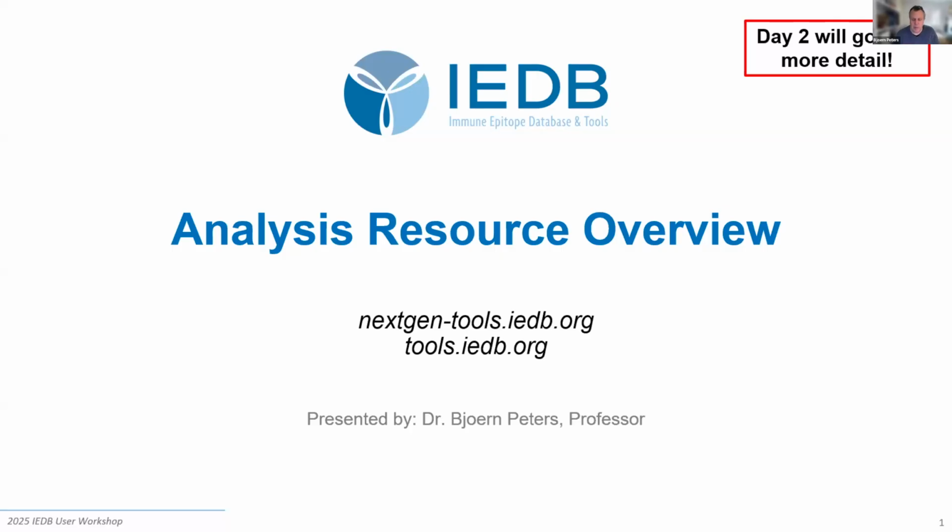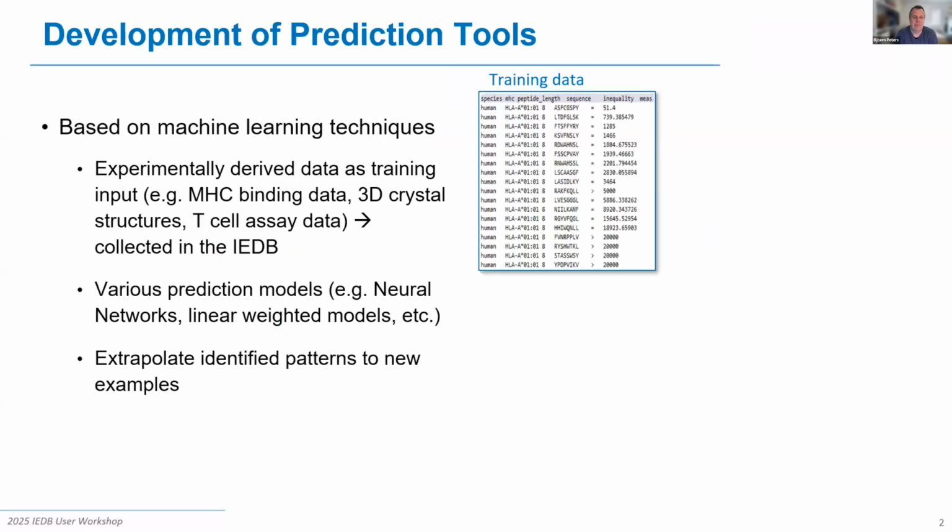And I would ask you to, maybe we can get to some of these, but probably the best venue for questions about specific tool usage will be tomorrow, where we can go into much more detail into individual tools. And today is going to be the overview of what's available.